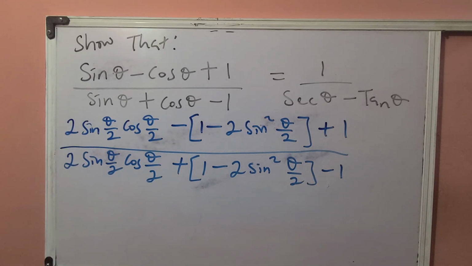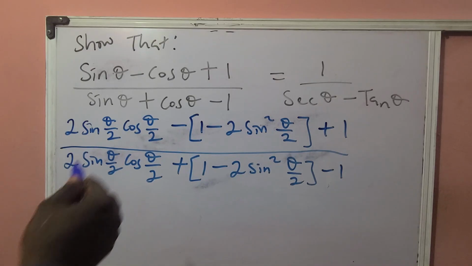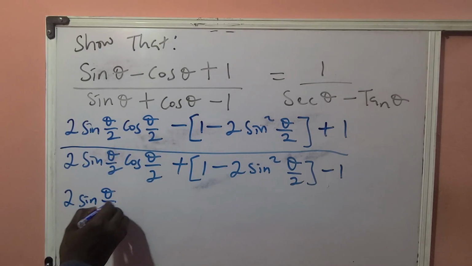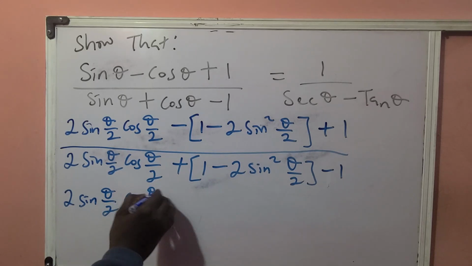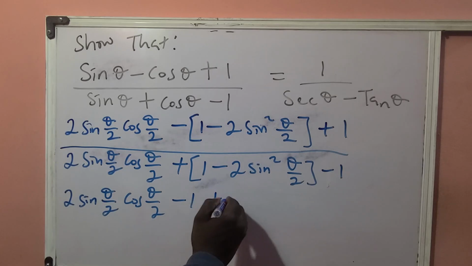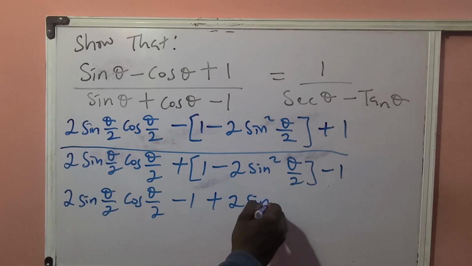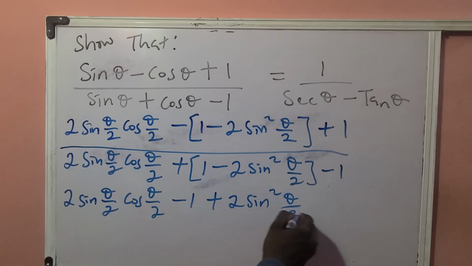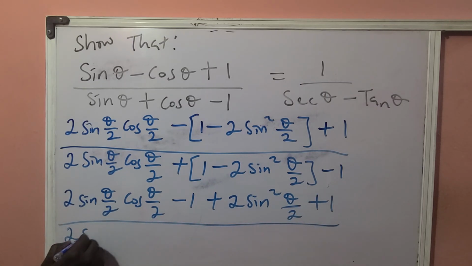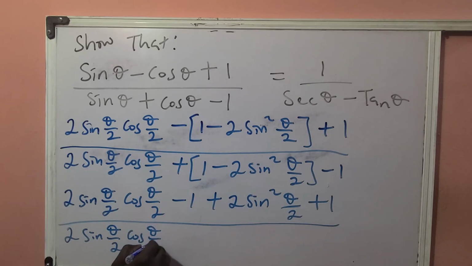If you go on to expand this, you will get 2 sine theta over 2 cos theta over 2, this will be minus 1, then plus 2 sine square theta over 2 plus 1, everything over 2 sine theta over 2 cos theta over 2.